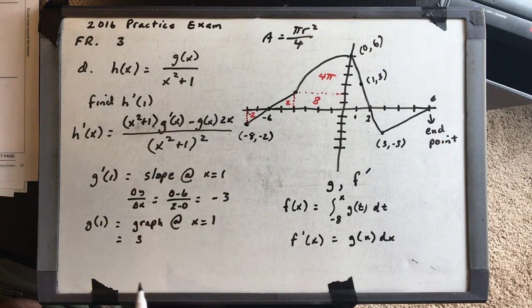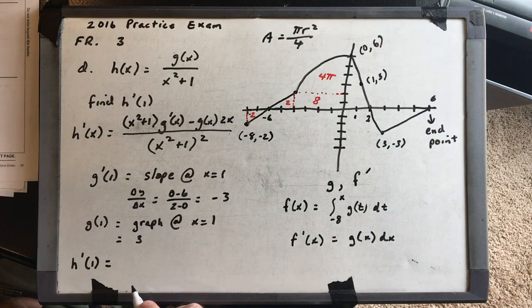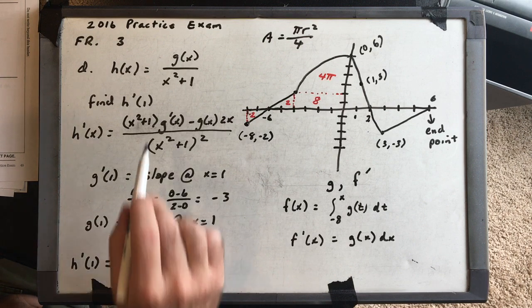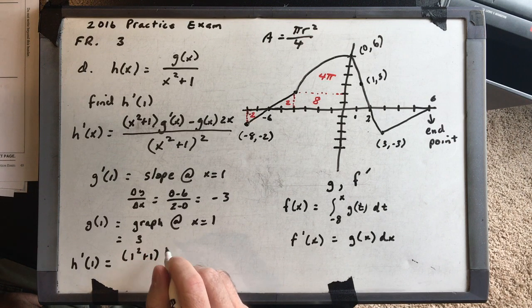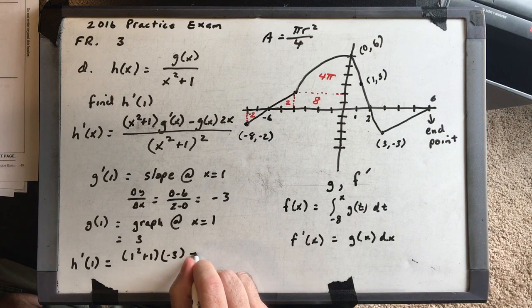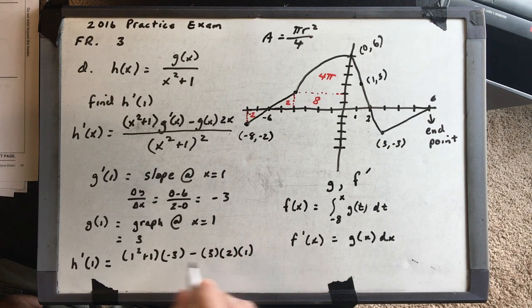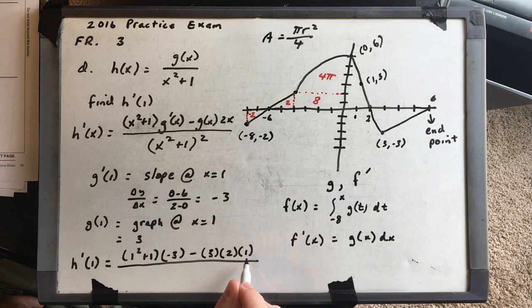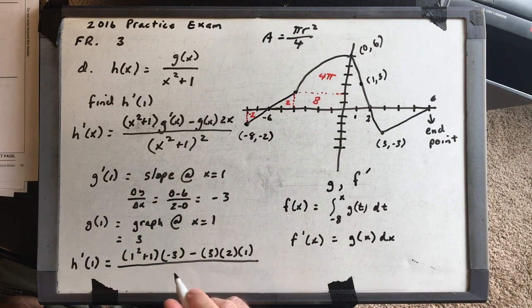So now we plug those numbers in. So h prime of 1 is equal to 1 squared plus 1 times negative 3, g prime of 1, minus 3 times 2 times 1, because 2 times 1 right there, and then g of x is 3, over 1 squared plus 1 squared.